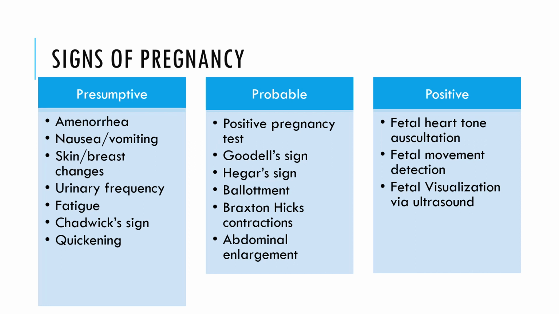Another thing to take note of for your pregnancy test is that you want to use the first void. The first morning void is the preferred specimen sample, just because that urine will be the most concentrated with the HCG, which is what's used to actually detect the pregnancy.